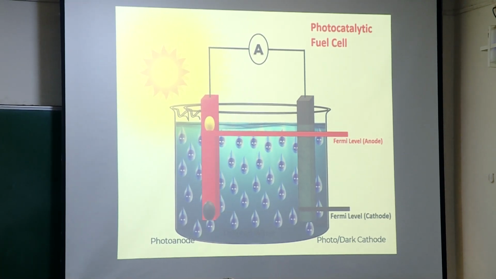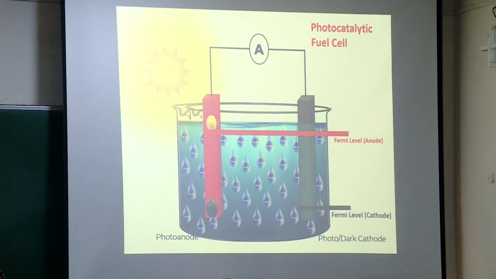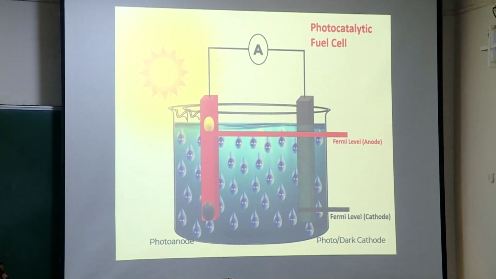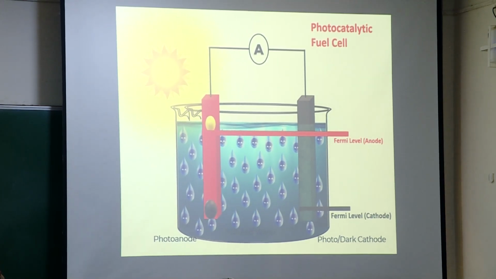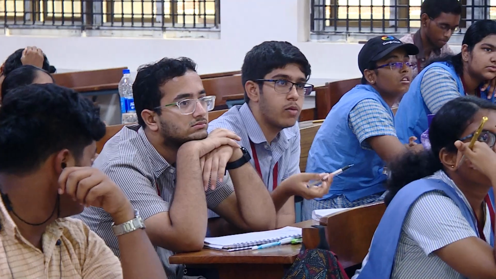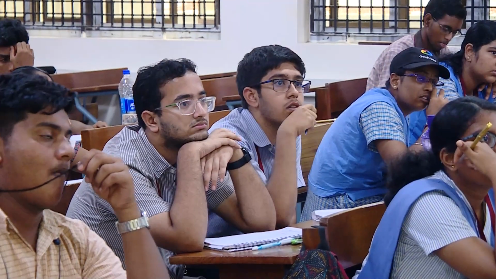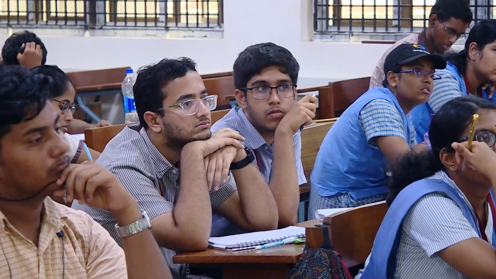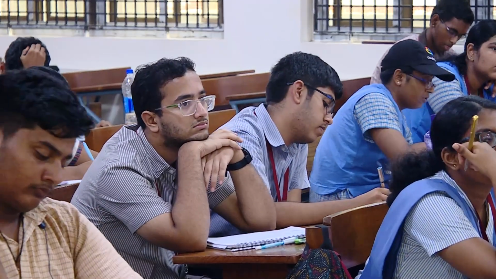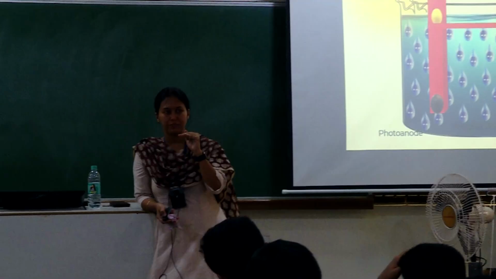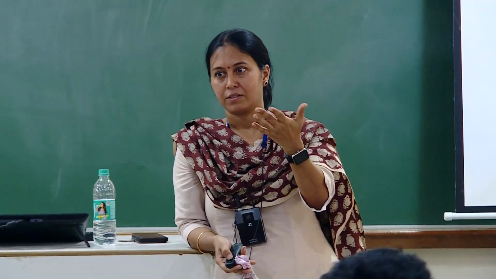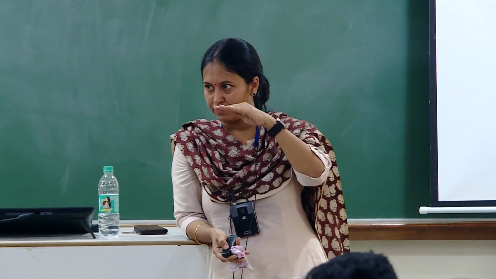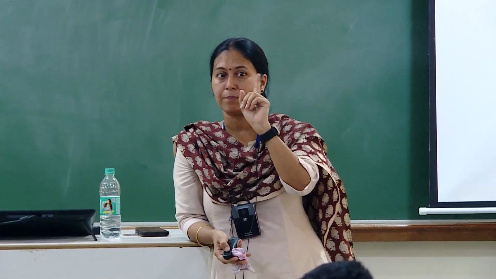See, in simpler words, at absolute zero, that means at 0 Kelvin, the Fermi level defines a level for a material above which electrons are absent. So it is the maximum energy level which an electron can occupy at absolute zero.